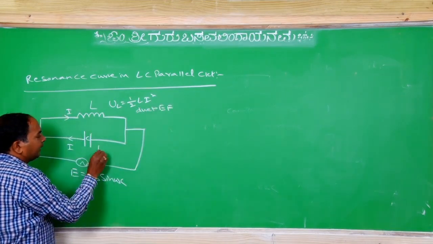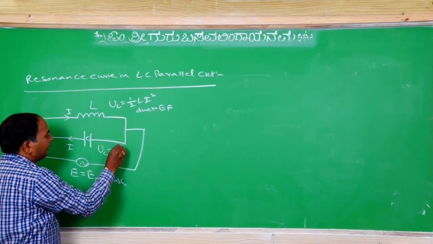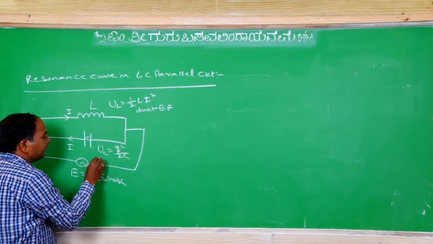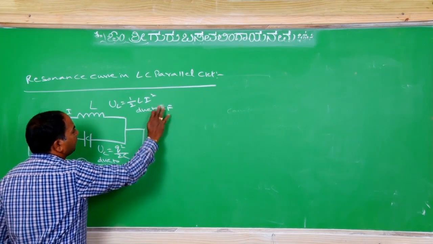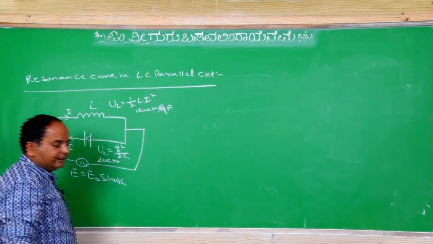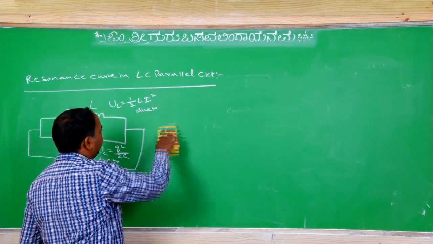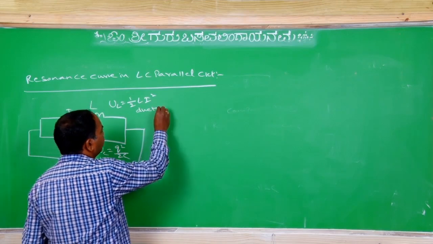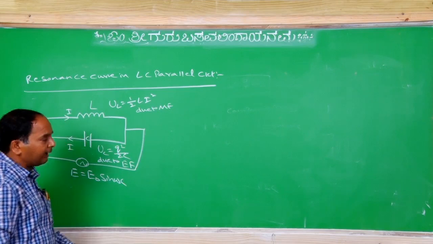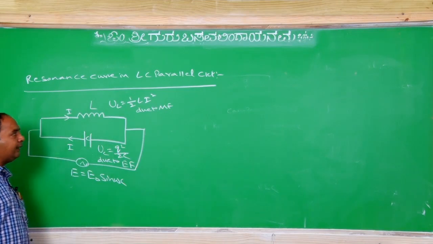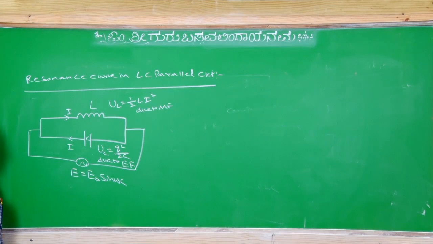Similarly, across the capacitor, the energy is q square by 2C, that is due to the electric field. Already we know this one. Here, what happened? For every half cycle, the electrical energy is converted into magnetic energy, and magnetic energy is converted into electrical energy, vice versa.